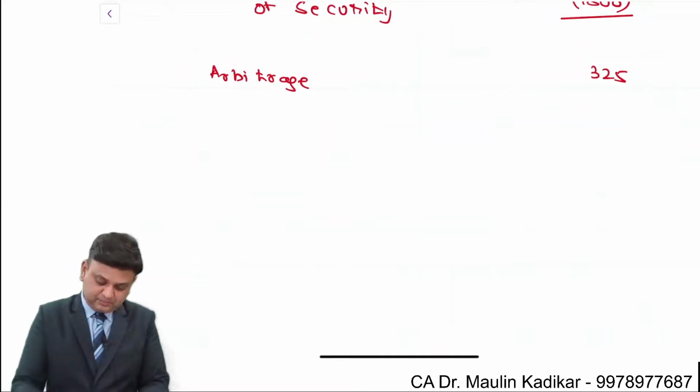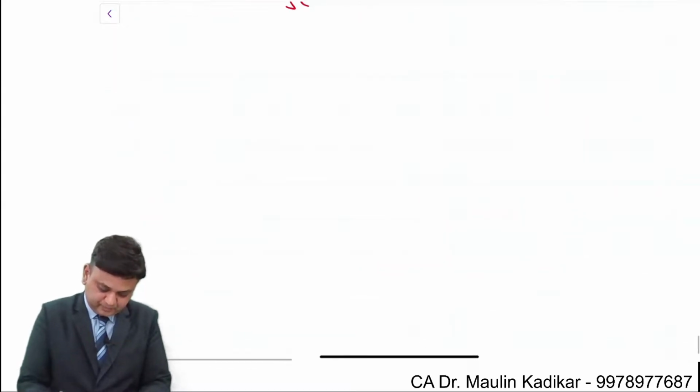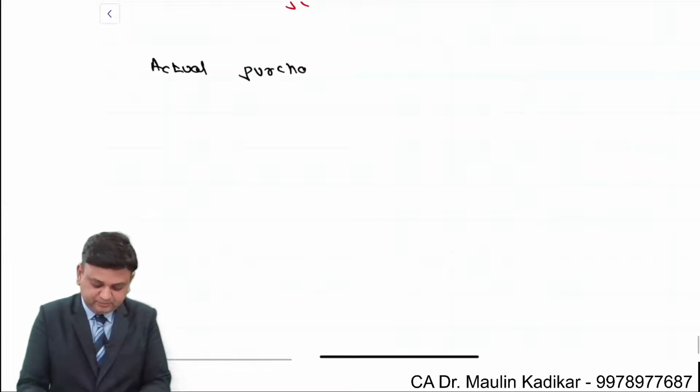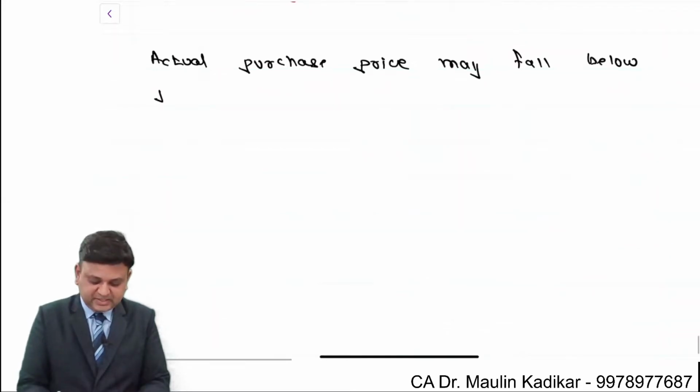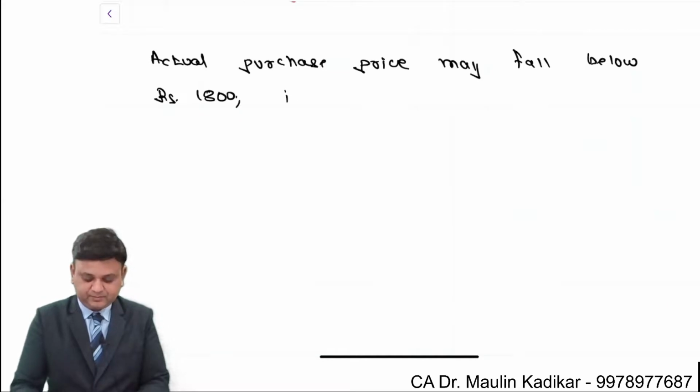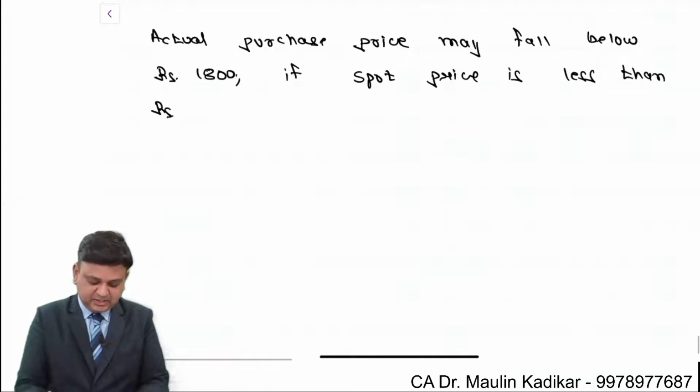With paragraph write down, actual purchase price may fall below rupees 1800, if spot price is less than rupees 1800. Full stop.